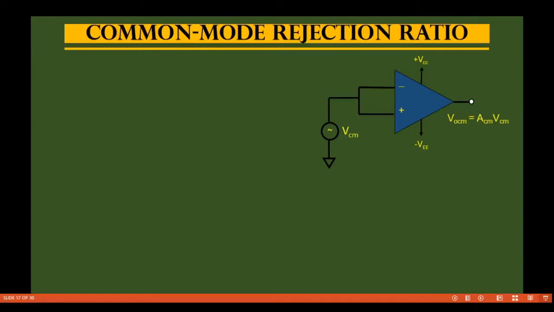Now in common mode configuration, the inputs of the op-amp are set at the common mode, that means they are fed with the same common mode voltage, which we are considering as VCM, and we are feeding the same voltage at the inverting and non-inverting terminals. So if you are considering an ideal op-amp, then the difference voltage should be 0, the output voltage should be 0.